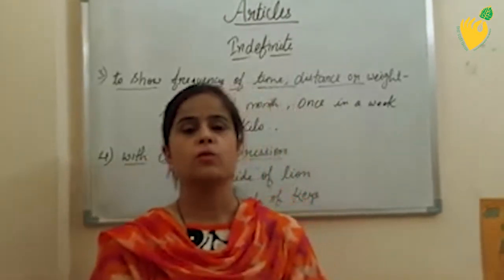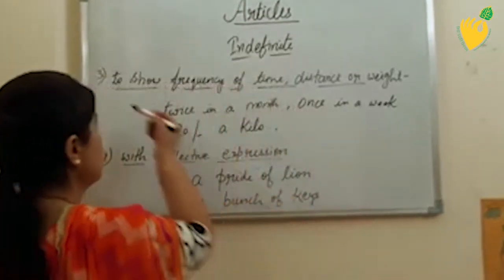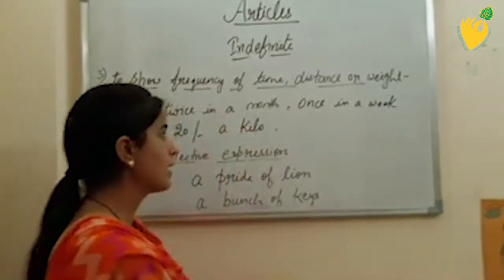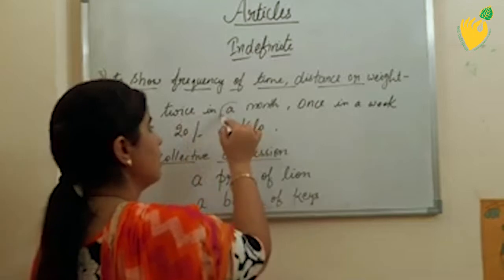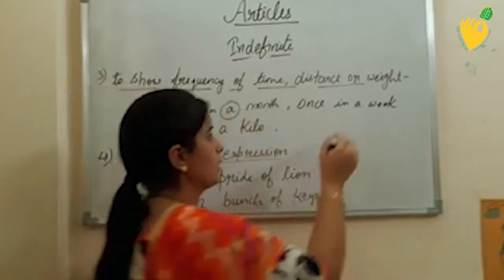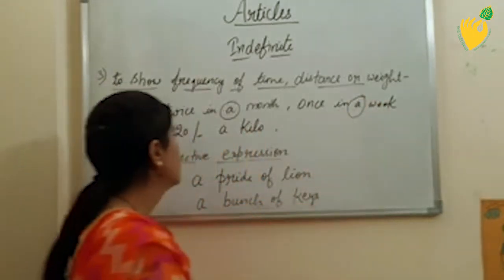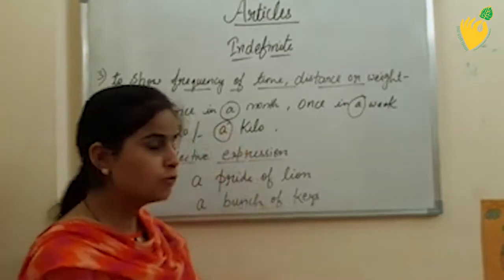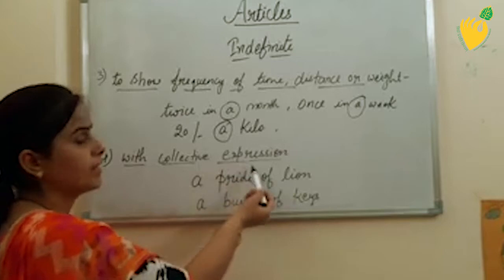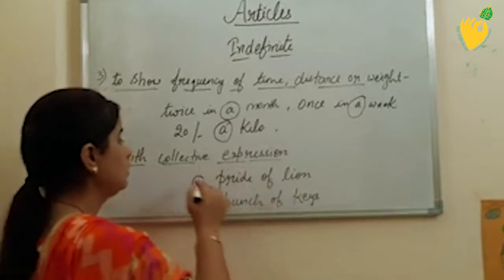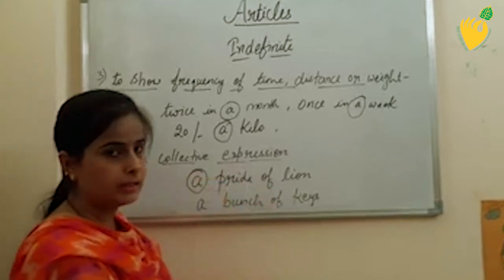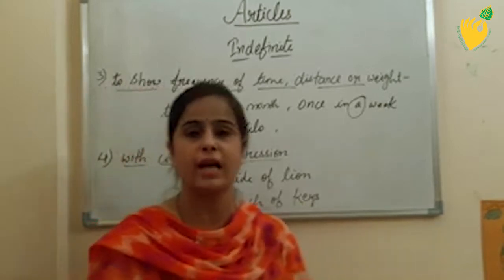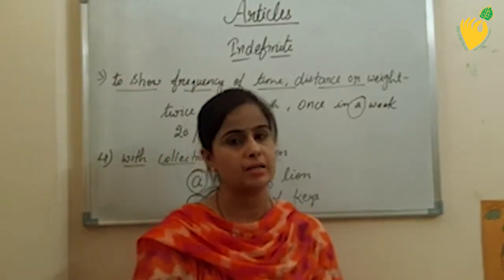Indefinite article is also used to show frequency of time, distance or weight. For example, twice in a month, once in a week, 20 rupees a kilo. It is also used with collective expressions. For example, a pride of lions, a bunch of keys, a cargo of camels, a bouquet of flowers.